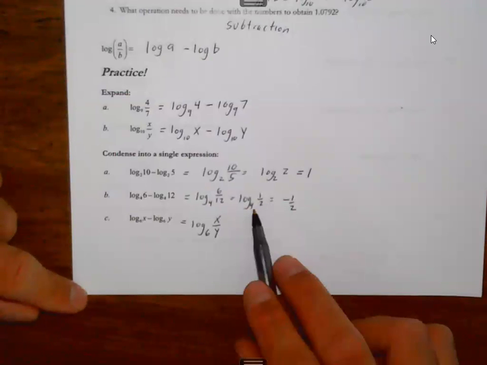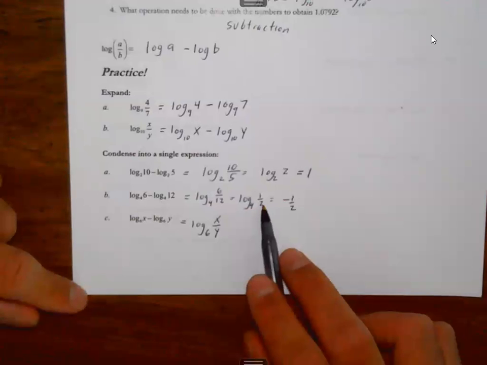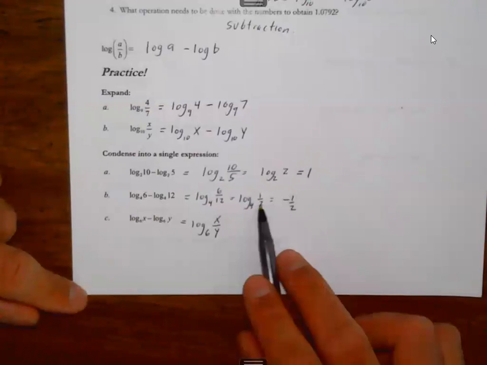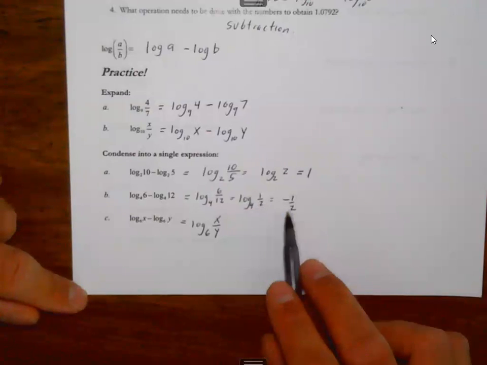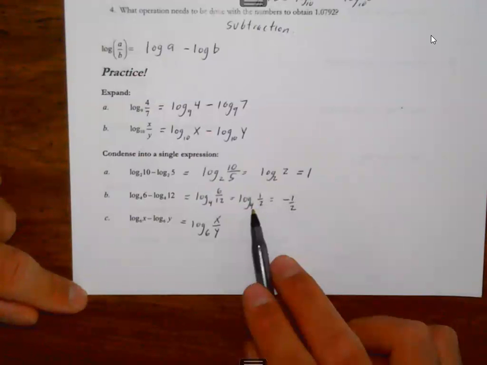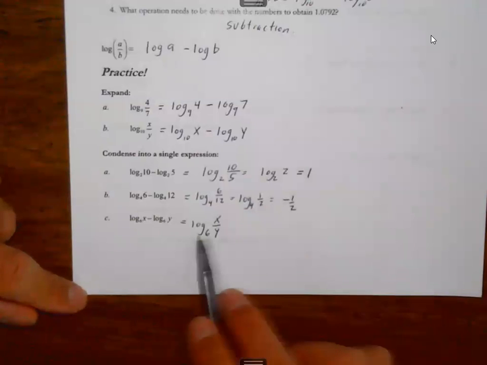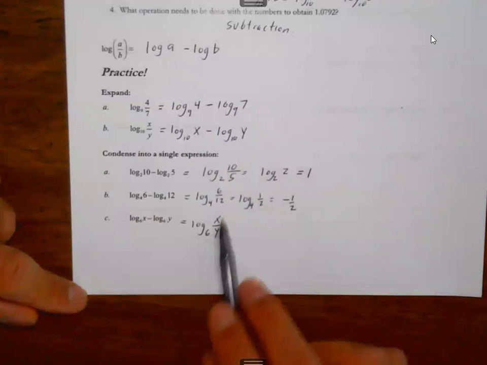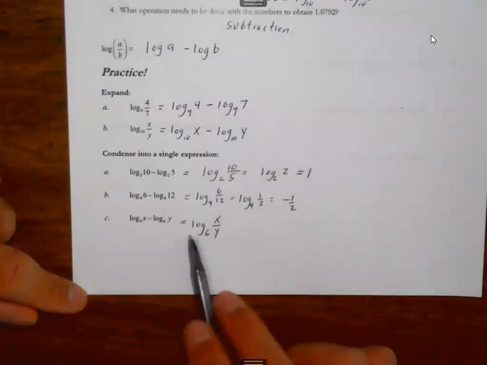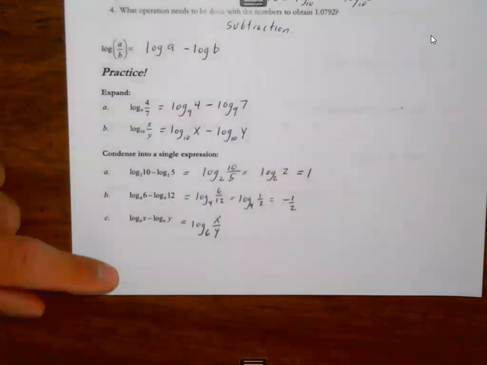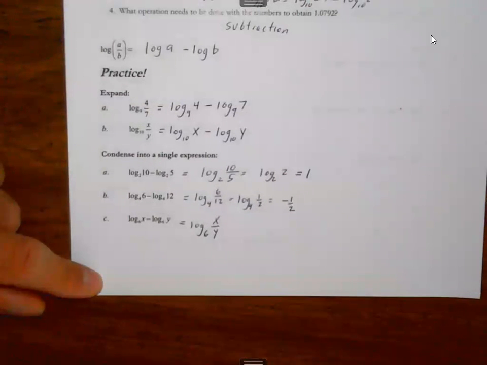And since it's 1/2, we have to find the reciprocal of 2. We do that by making the exponent negative. So 4 to the negative 1/2 would be 1/2. And then this one here, the log of x over y base 6, is what that condenses to.